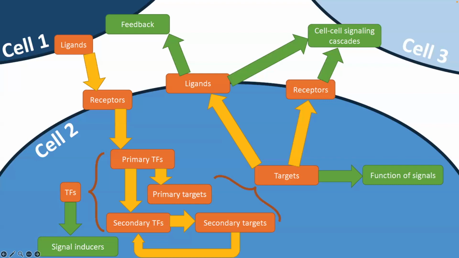And then maybe these target genes are producing some ligands that can be used as a feedback mechanism to our original sender cell or to another cell, putting into action a whole downstream signaling cascade between cells, or could also upregulate some receptors that would then make it so that this cell too can receive other types of messages.